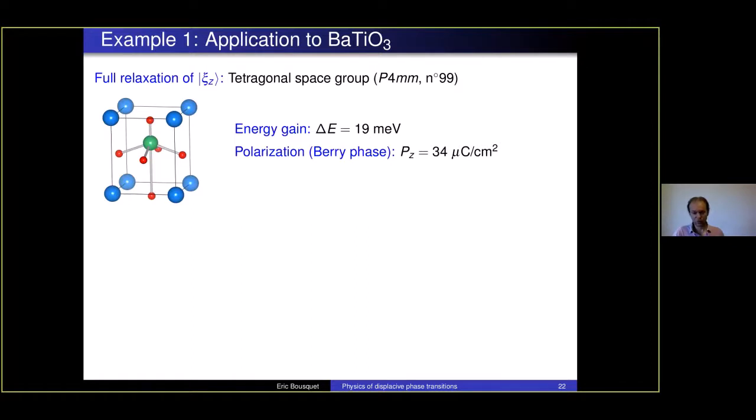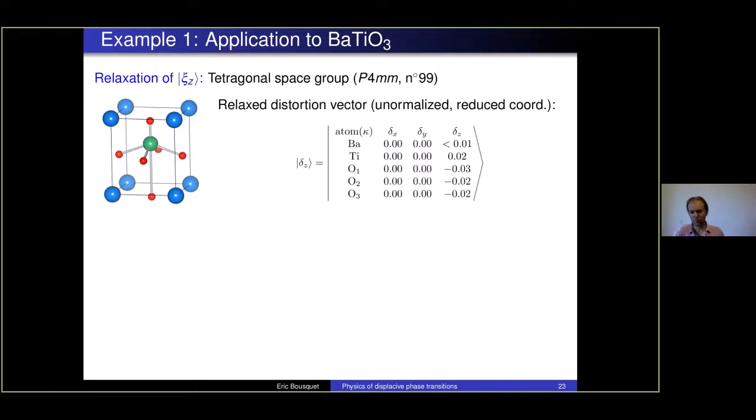And now, as I mentioned, this is going to be the most technical point. It's going to be important for those doing DFT calculations who have to solve this kind of displacive phase transition. Now we have a final distortion that we can write down as a vector as well, as an eigenvector.